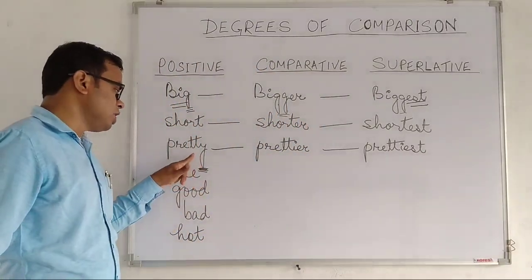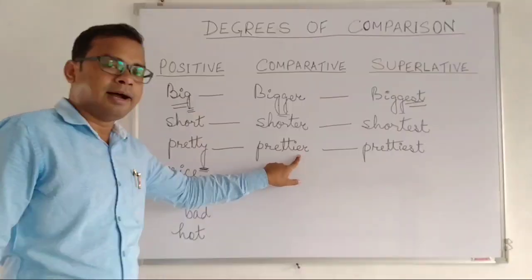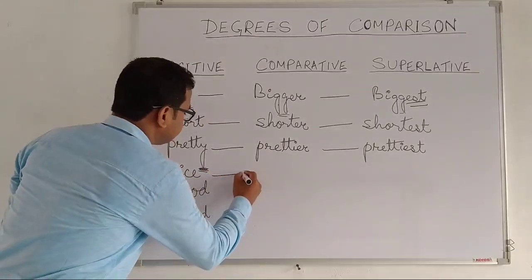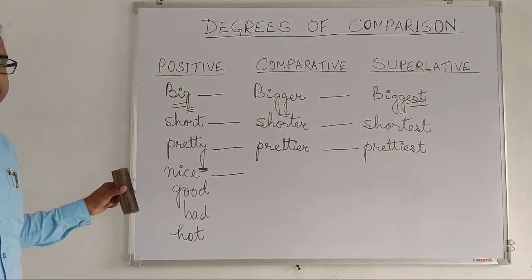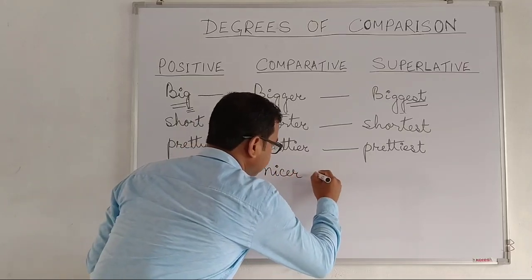When the adjective ends with Y, we have to replace that with I, then E-R and E-S-T. Now, next example is nice. So simple, nice, nicer, nicest.